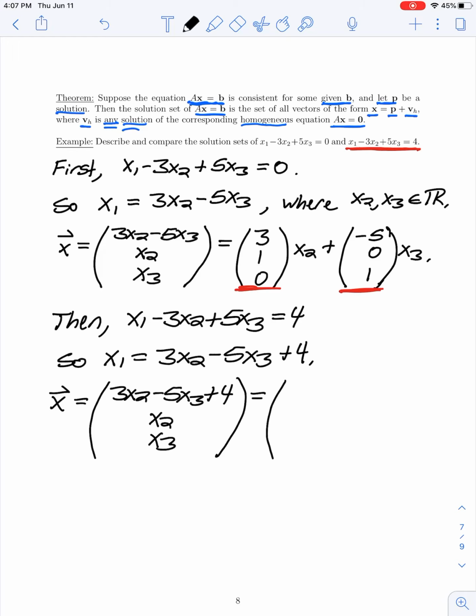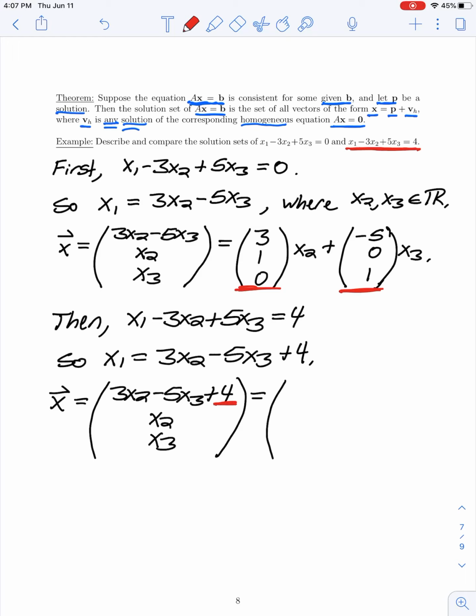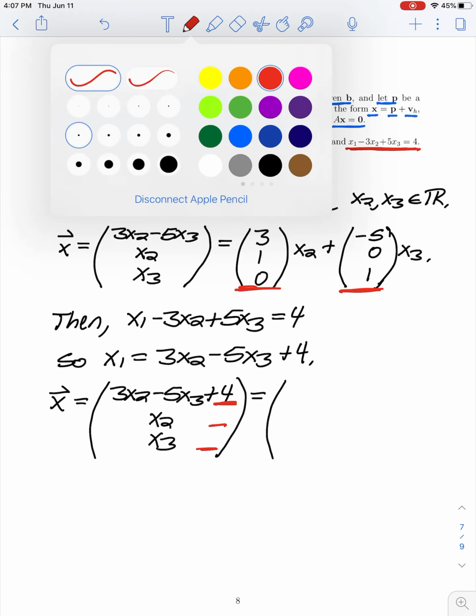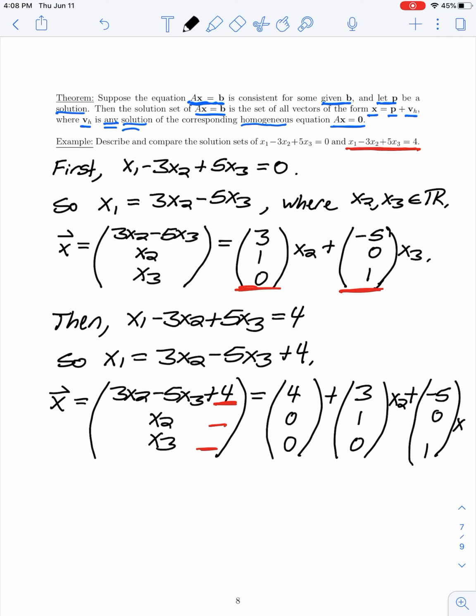So splitting this up, we would have a vector of constants where the only constant was in our first component. We have 4, and then 0 and 0 for the constants in our second and third components. So we would have 4, 0, 0, plus, if we factor out the x2 coefficients, 3, 1, 0 times x2, plus, when we factor out our x3 coefficients, negative 5, 0, 1 times x3.